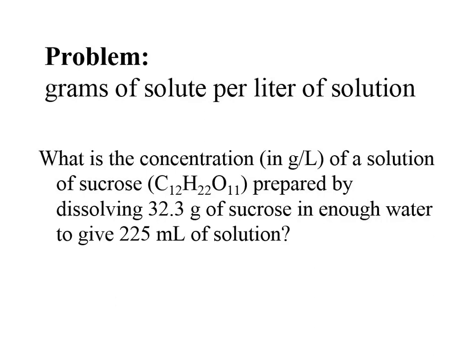So to work this, what I would do is simply take the grams of the solute, which is 32.3 grams. You could spell out sucrose if you wanted to, instead of C12H22O11. If you abbreviate it like SUC or something like that, a good way would be to say, as you know, the top part of your problem, divided by the solution volume, which is 225 milliliters.